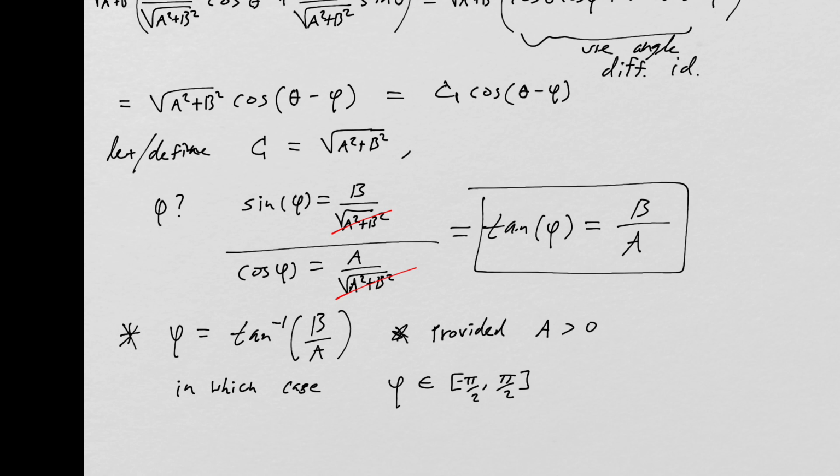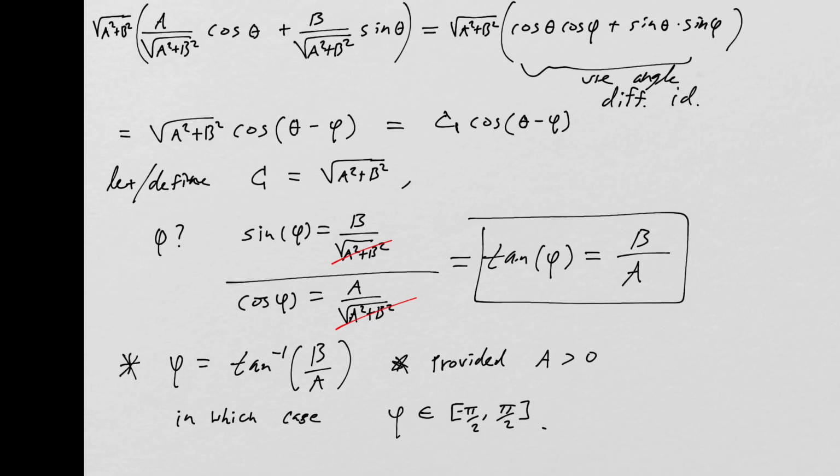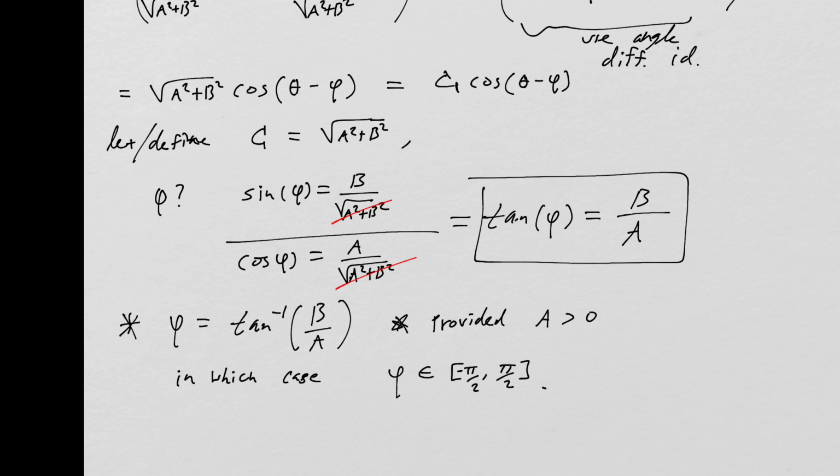If a is negative, you're going to have to shift things by 180 degrees or pi radians to find that out. Okay, so that's the derivation of how we get from the sum of trigonometrics to the amplitude phase form.